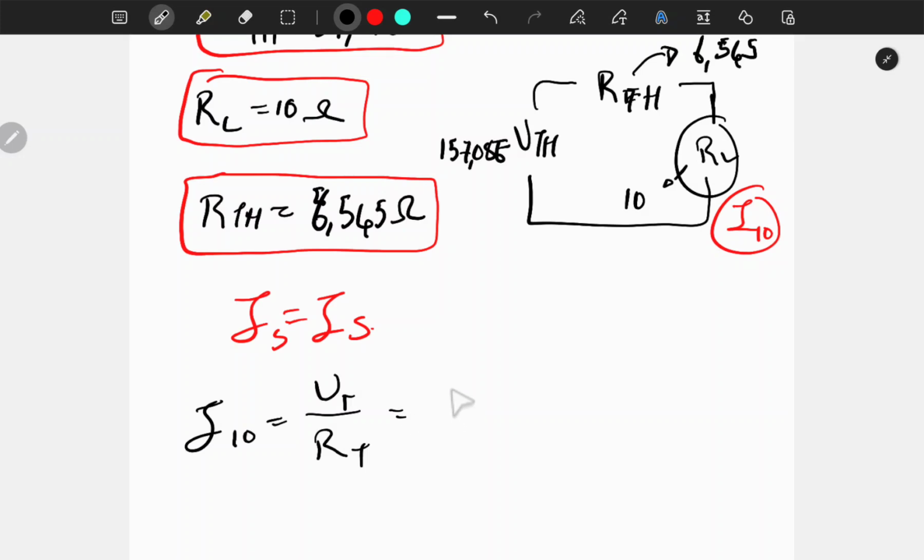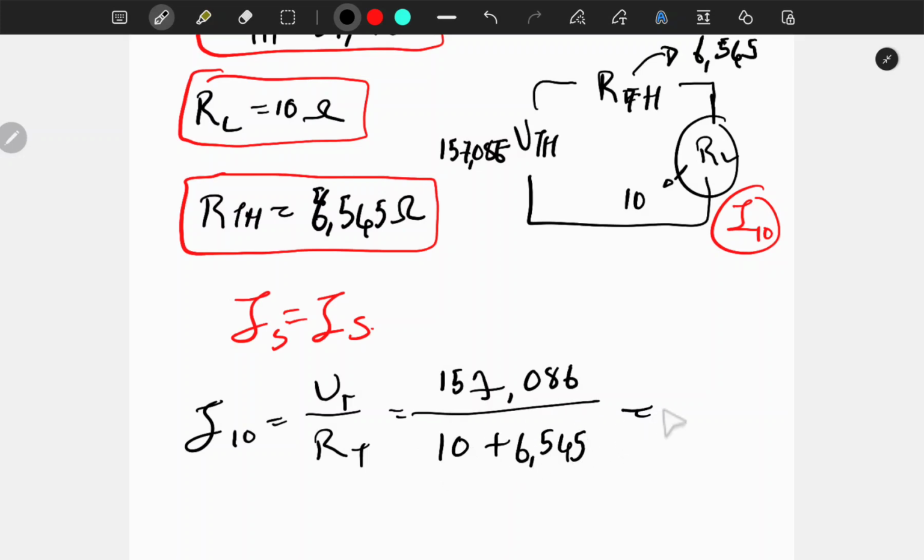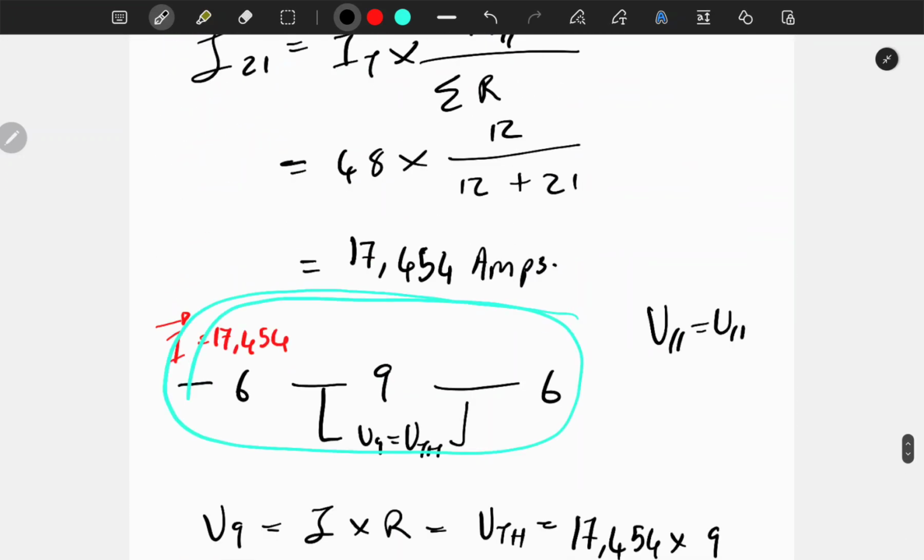Total voltage over total resistor, which is 157.086 over 10 plus 6.545, and that gives us an answer of 9.49 amps.